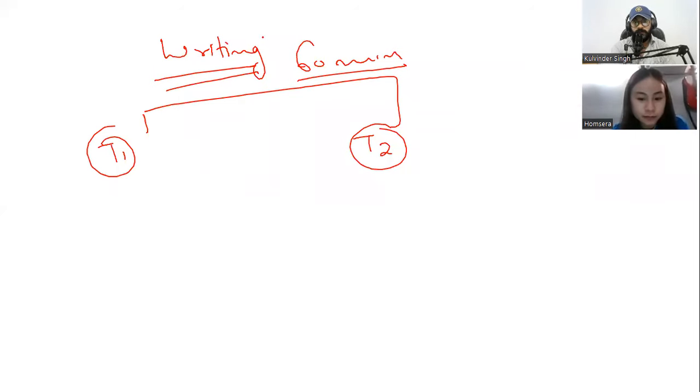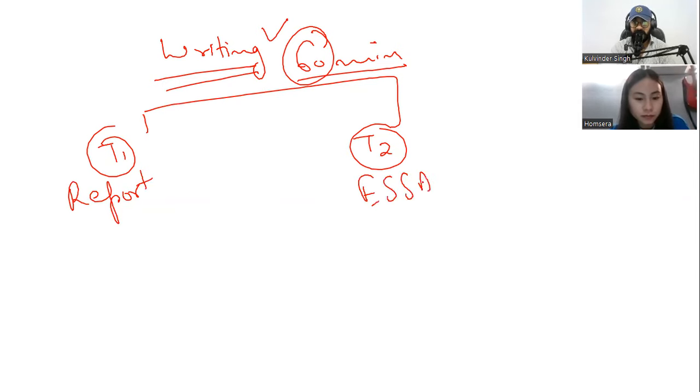All right. So on the main exam day, writing is the first exam that is conducted. It's for 60 minutes where you're given two tasks. Task one is a report writing, and task two is an essay writing. Now, it's advisable that you complete task one in 20 minutes and task two in 40 minutes.